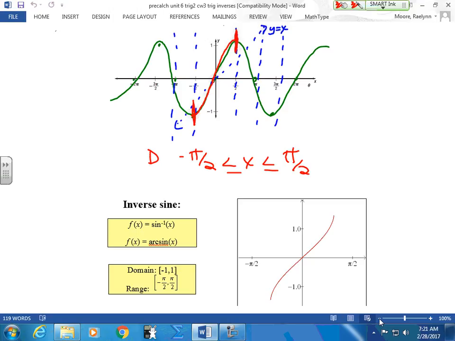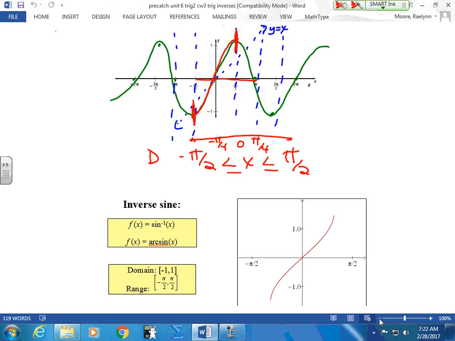Here's your number line: I cross through -π/2, -π/4, 0, π/4. I go from here to here on my number line. Those are the only parts I can use.